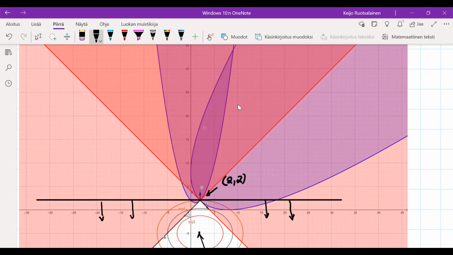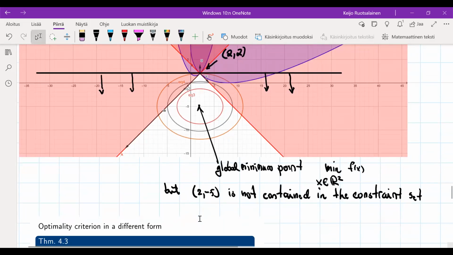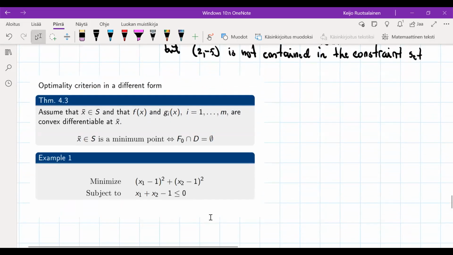So there is no non-zero vector d such that it belongs to both sets. So it means that we have exactly our theorem that x is a minimum point in our constraint set is equivalent to these two cones having an empty intersection.